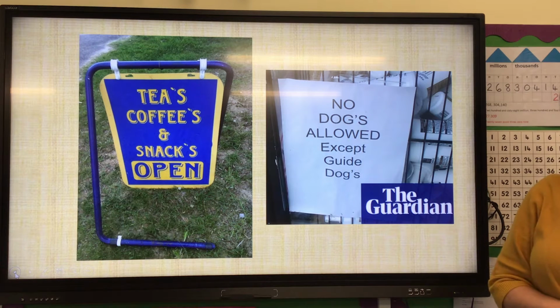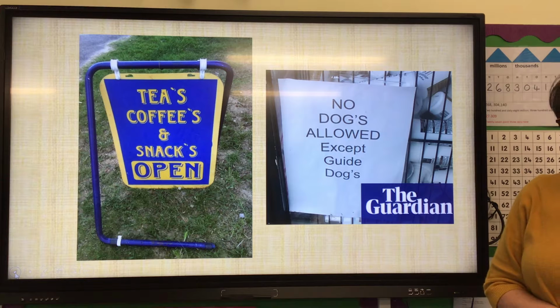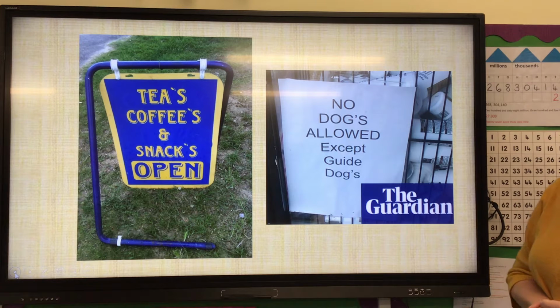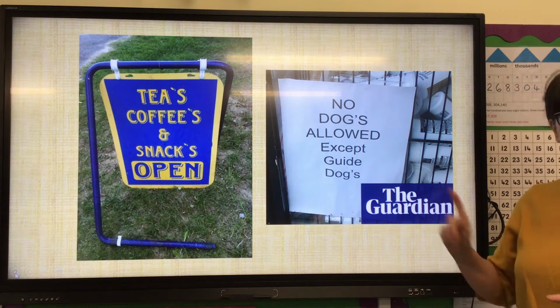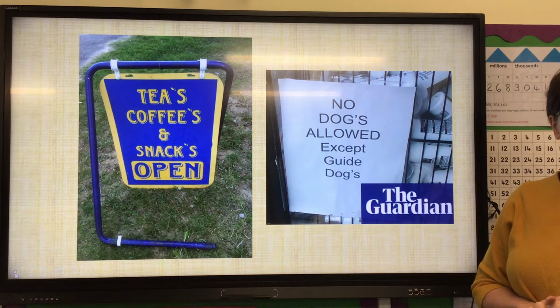Is there anything about those signs that you think might be incorrect? Well, let's have a look at where we should and shouldn't use apostrophes, and maybe if you didn't spot the error you will do at the end of the video.